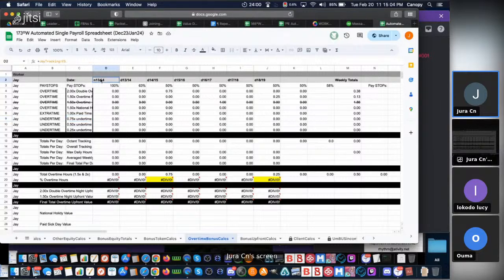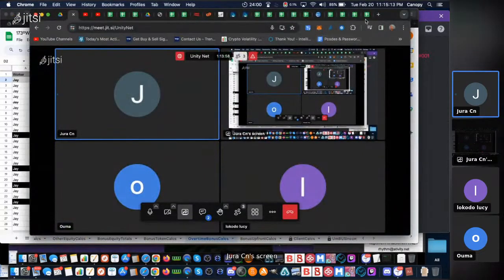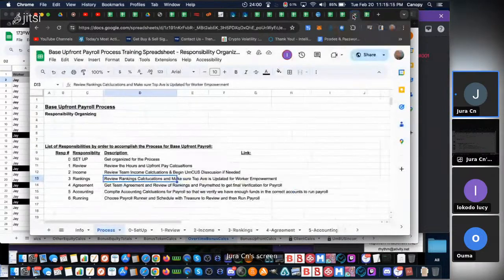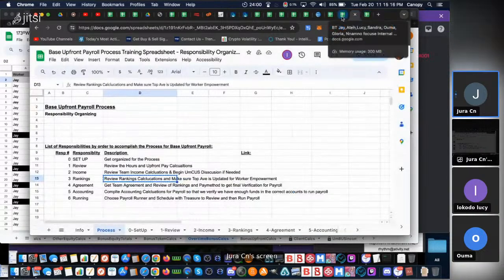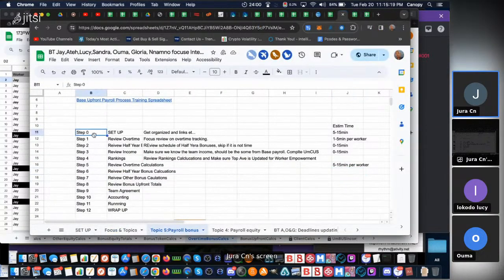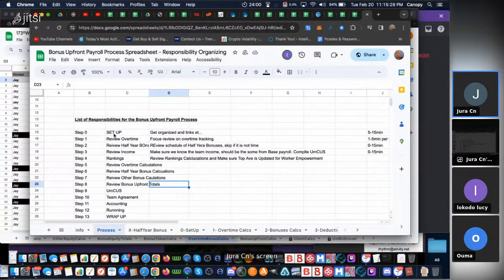So the first thing to check is, and this is where we start getting into the steps. So let's be writing this down. Just to remind us, if we go to the notes where it says step 0, this is actually responsibility 0. And there's going to be 13 responsibilities.